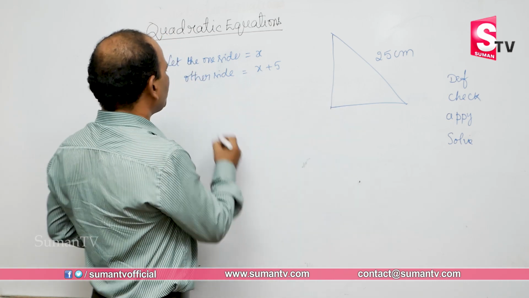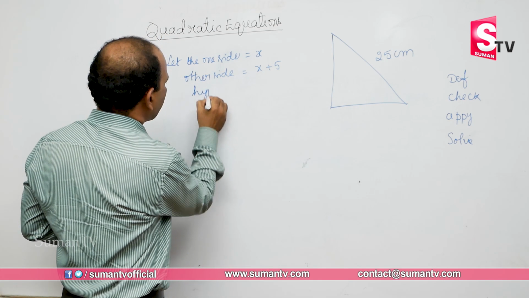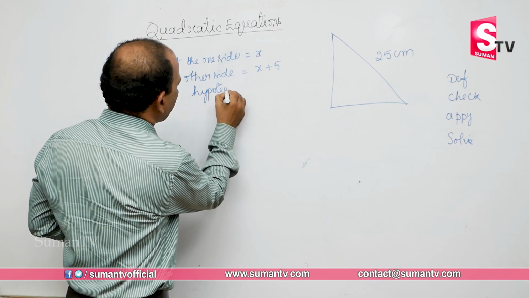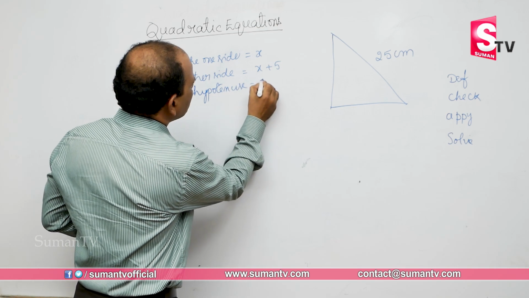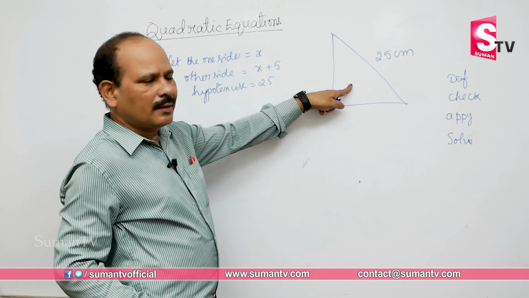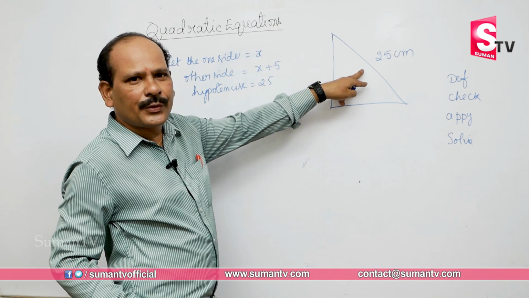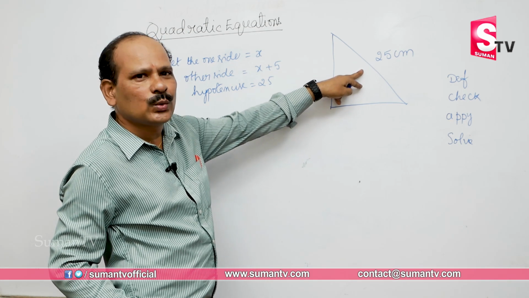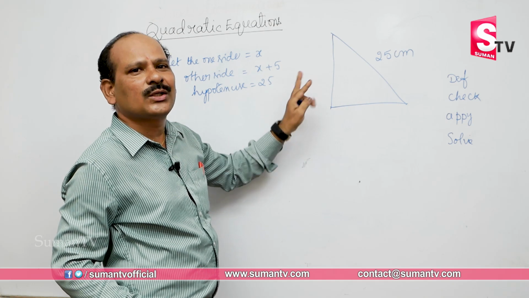Given that hypotenuse is equal to 25. Now in a right angle triangle, the square of the hypotenuse is always equal to the sum of the squares of the other two sides.